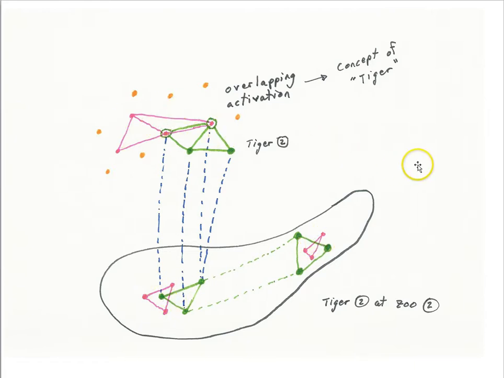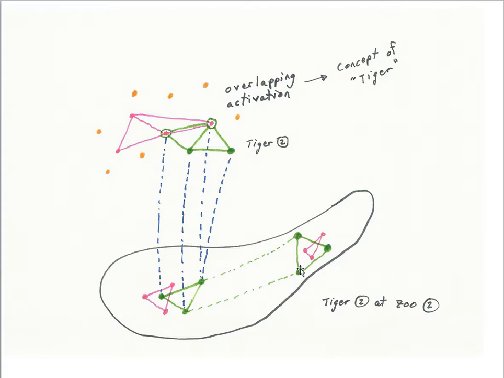And then if we ask, oh, remember Tiger 2 at Zoo 2, can you call up an episodic memory of that? Well, then that would activate the green traces here in the hippocampus and the cortical trace. So as long as the person can reactivate these hippocampal traces, the person would have access to the episodic memories, the detail-rich, context-specific memories for Tiger 1 at Zoo 1 and Tiger 2 at Zoo 2.